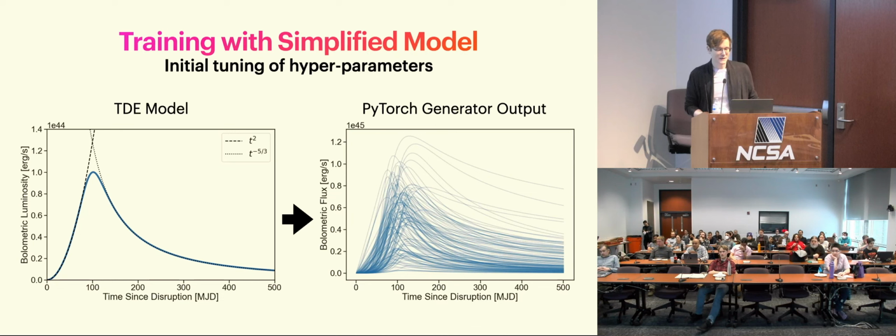And then I decided to adopt PyTorch as the underlying machine learning framework to use in this case. In PyTorch, you can teach it to design a generator to produce a bunch of potential data to train on. And that's just what I'm showing here with particular parameter ranges for my TDE model. It just asked it to generate varying samples of the TDE model.